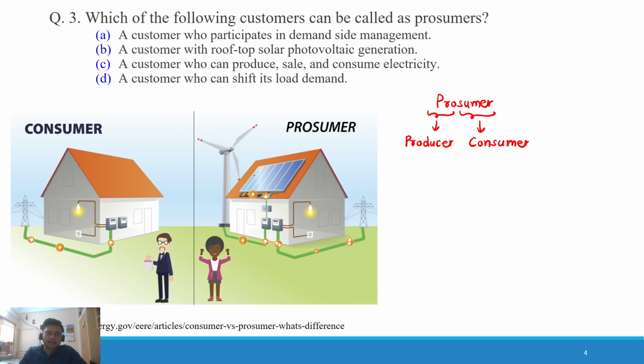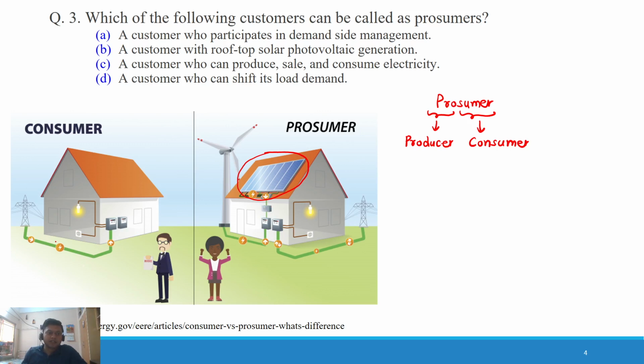but if it has more power generation from renewable sources like solar photovoltaic or wind, it can sell this power to the utility also. For this it requires bidirectional communication or some monetary incentives from the utilities, such that it motivates customers to install solar rooftop photovoltaic, which is the most common nowadays, and the consumer is converted into a prosumer.